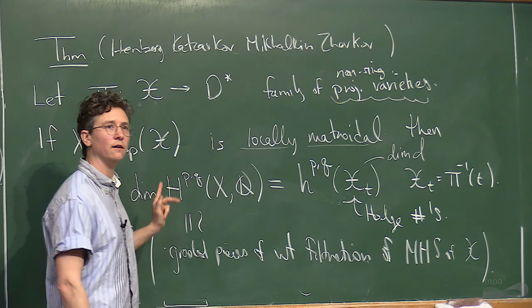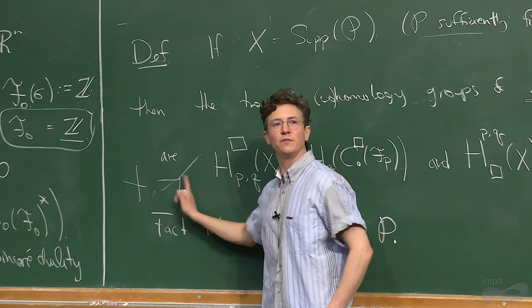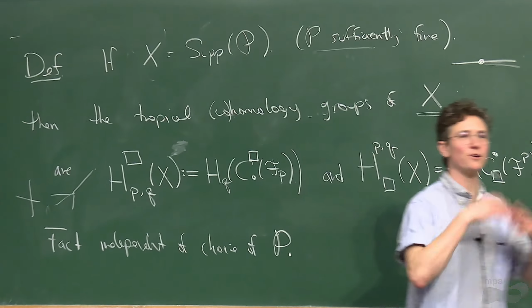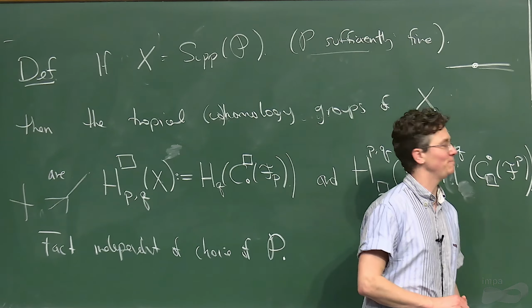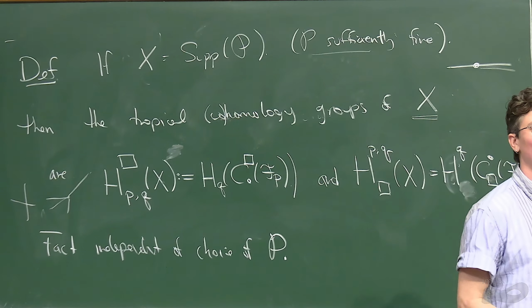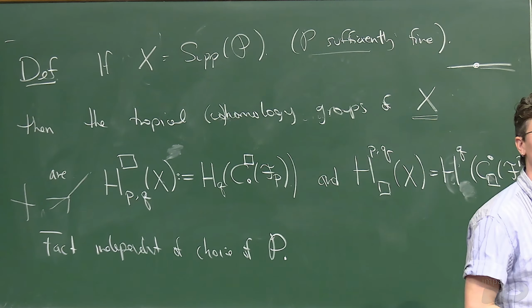I removed this picture: this one in R2 and this one in R3, with a different embedding of the same curve, you could actually produce this picture. We don't know how to resolve these. There's no tropical resolution of singularities yet either. So we don't know if there's always a way of embedding your family of projective varieties into a larger projective space so that when you tropicalize, you do get something that's matroidal.